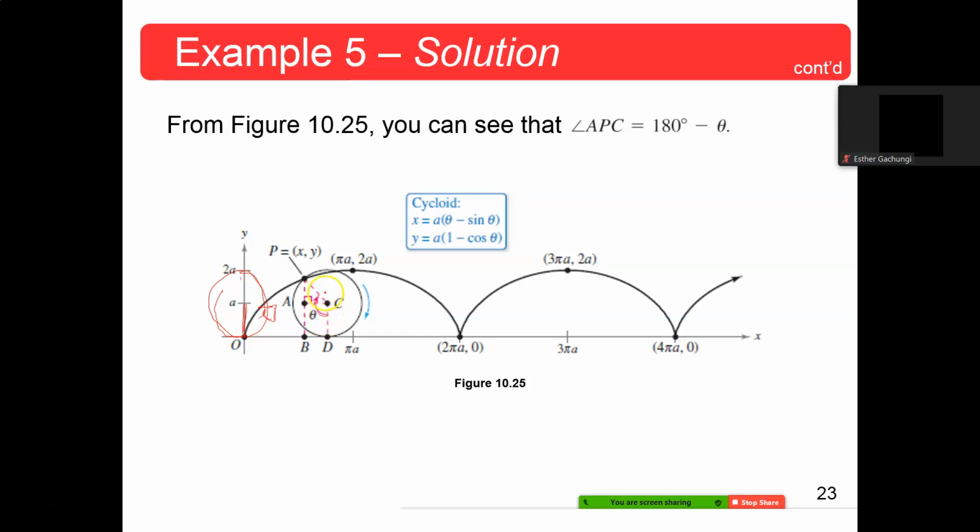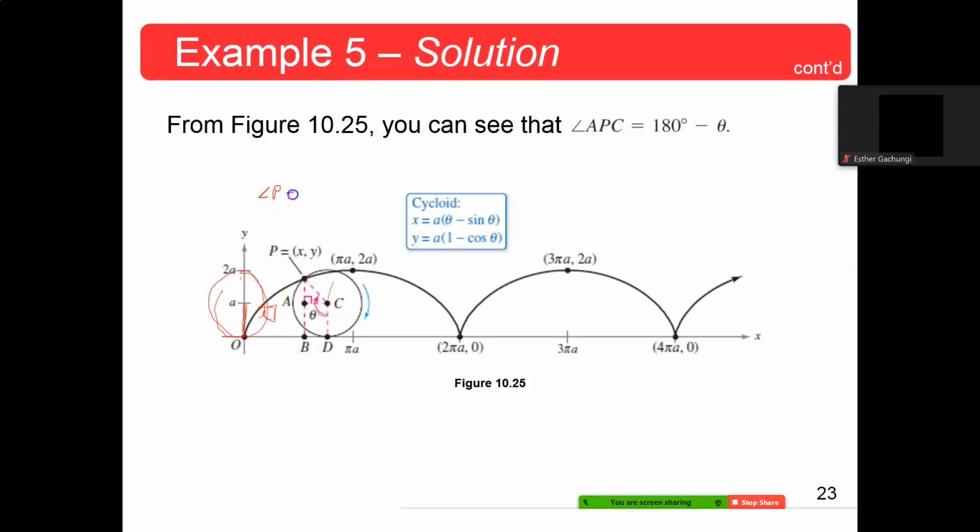So it's 180 minus theta, this angle APC. Now, why that angle? I guess there's a reason. I'll phrase it this way. This is a 90-degree angle. This is the complement of this angle that we're looking at. So this would be angle P, right there, the angle P, APC.